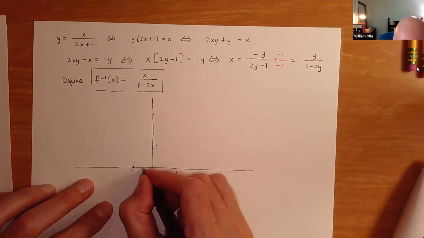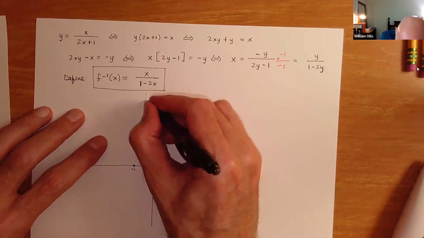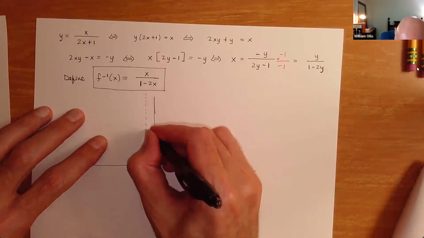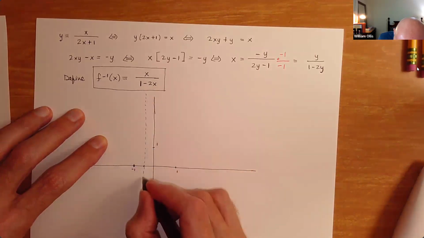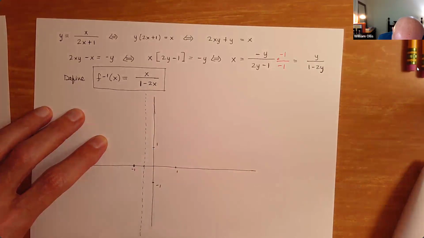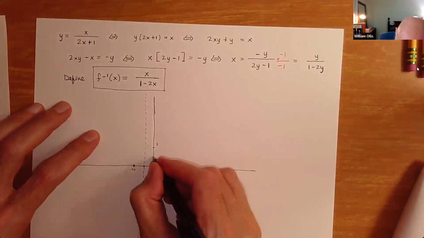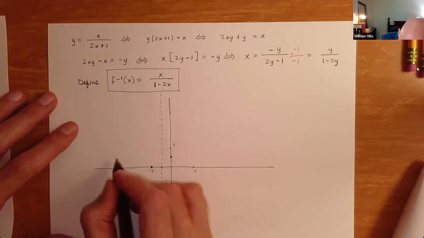So we'll do our negative 1/2. So x equals negative 1/2. And then we have our y equals 1/2, just like you were doing with the rational function graphs. Very simple.